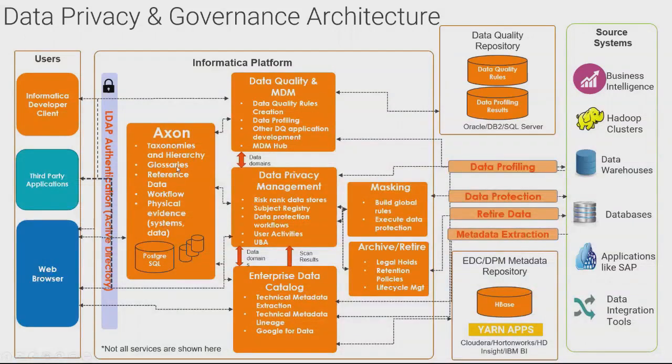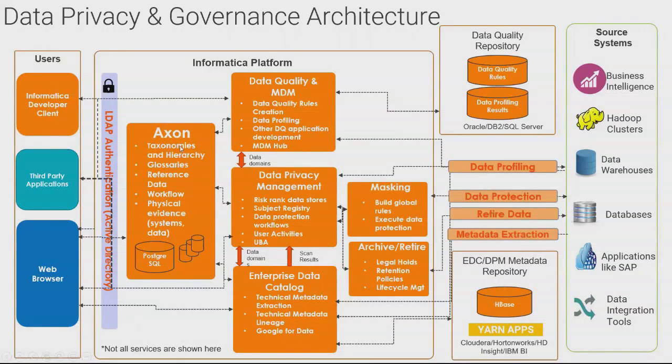Basically, Axon, being the front face to business, is interacting with the respective applications and extracting the relevant information. In the case of enterprise data catalog, it's extracting the technical metadata and linking to the business metadata. Whereas from Axon to data privacy management, it's using the data privacy information as well as, from data quality, data quality rules and metrics.